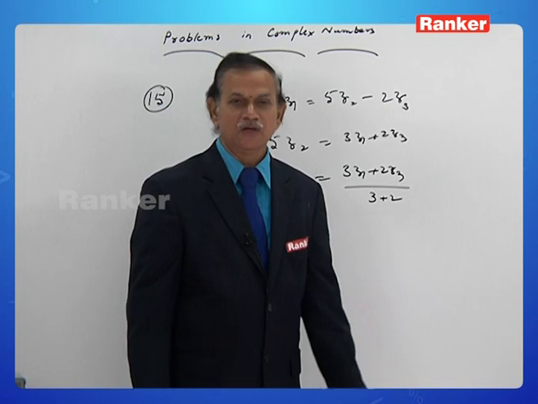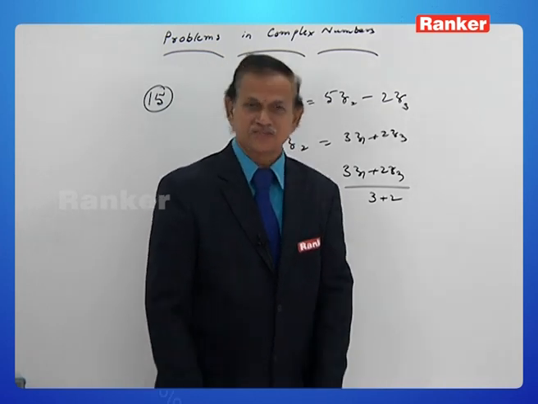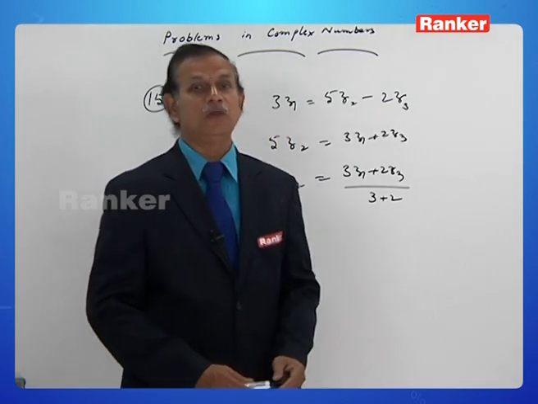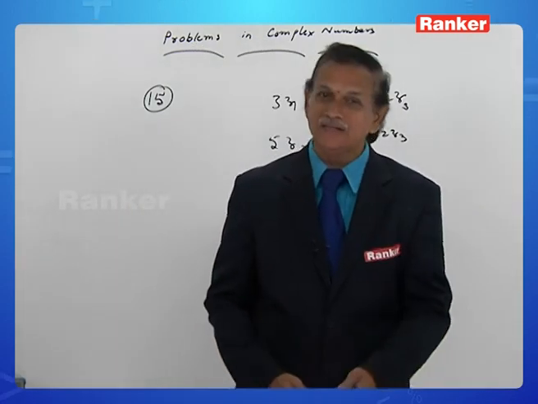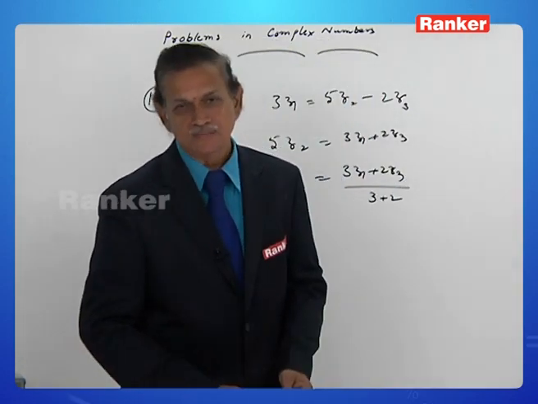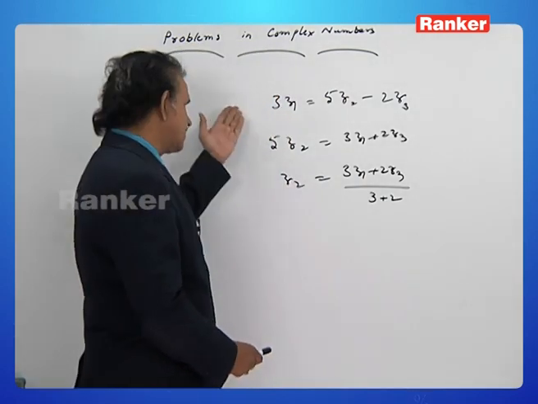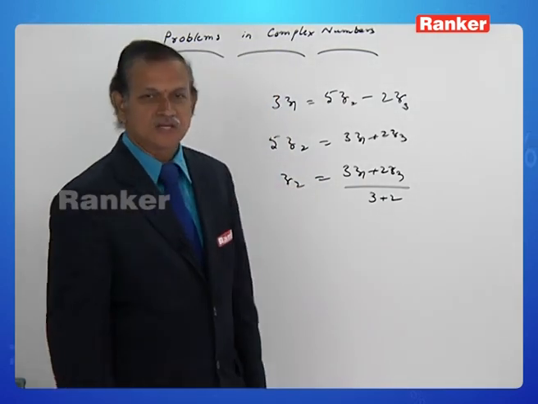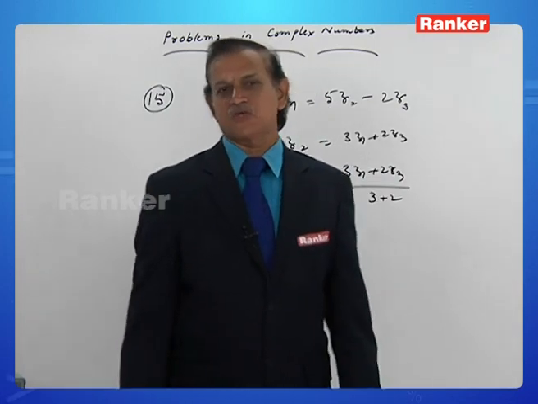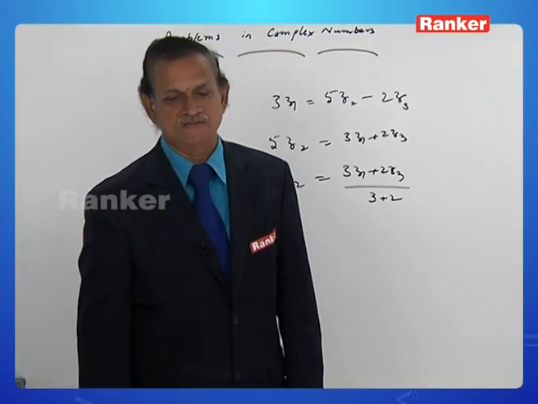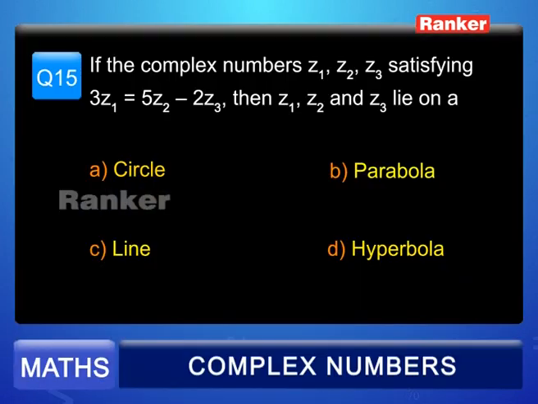Such a division is possible when and only when those 3 points are collinear, that is, they lie on a line. Without using this step, by looking at the first step itself, you can recognize that those 3 points are surely collinear. Hence, they lie on a line. Option C, the third option, is the correct option.